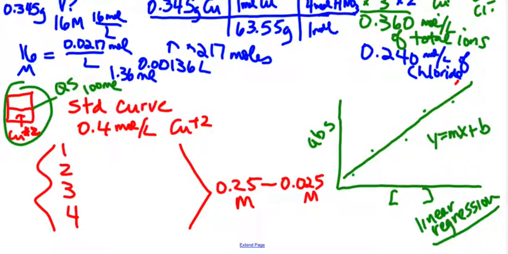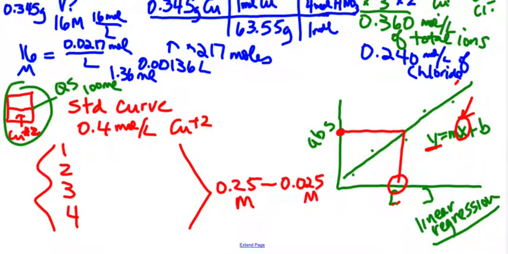If I find out my bullet has an absorbance of about that, what value is that in my formula? My Y. So all I have to do is solve for X, and that'll give me the concentration of copper in my bullet. Once I know concentration, I'm scoring because I QS'd it to 100.